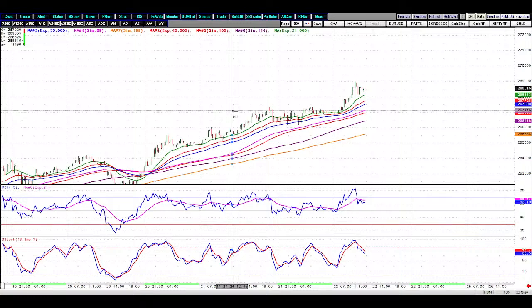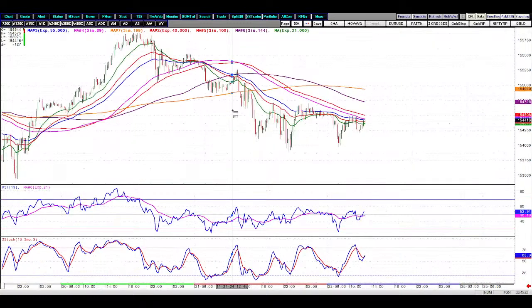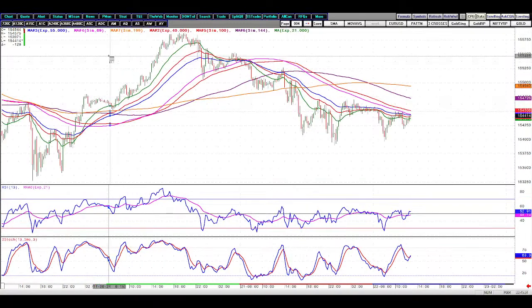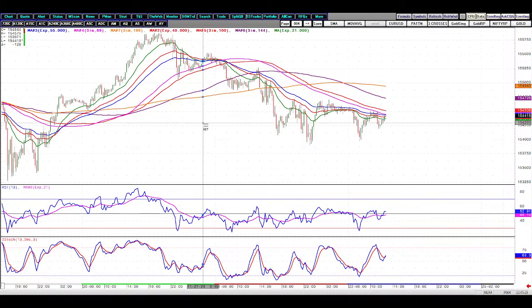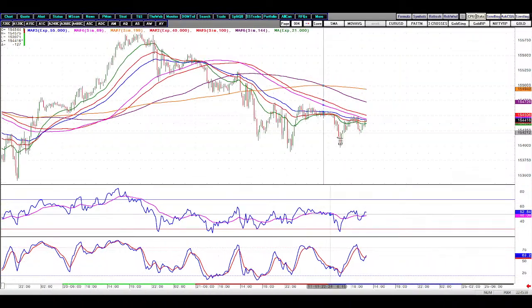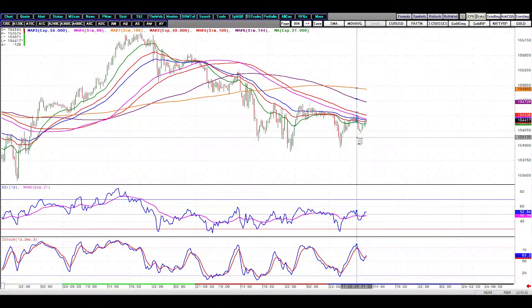Okay, let's confirm this with the chart and see whether this is genuine. If you're looking at a 15-minute chart, since this is in a range, we don't have to look at a higher time frame, and we don't need a further projection.